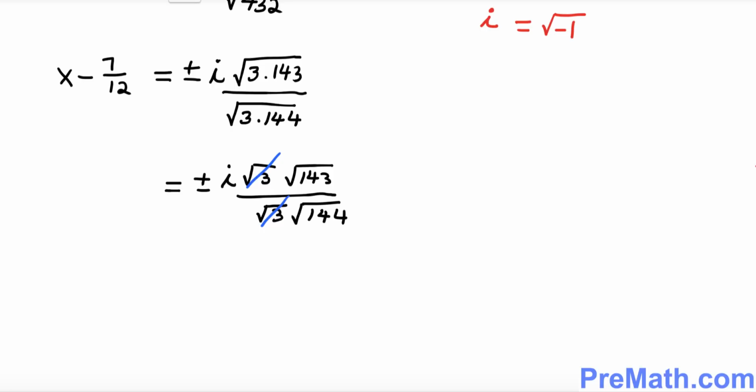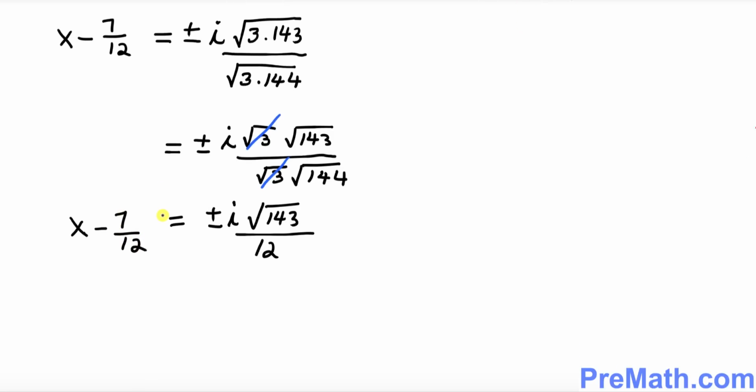So we are pretty much done. Positive or negative i times the square root of 143 divided by, we know that this is a complete square, the square root of 144 equals 12. So that is equal to x minus 7 over 12.